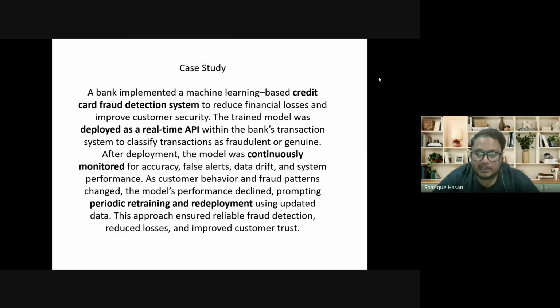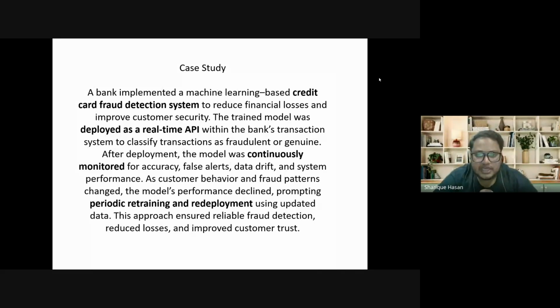So the real-time API just checks whether the transaction was genuine or a fraud. After deployment, the model was continuously monitored for accuracy, false alerts, data drift and system performance.